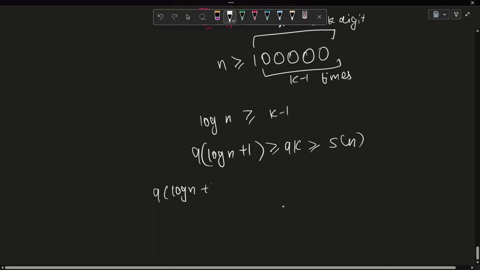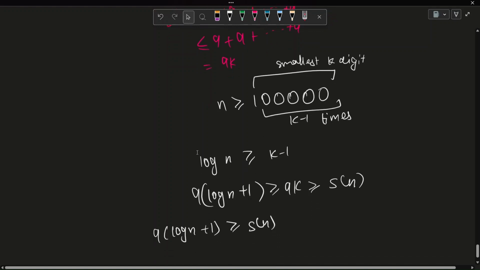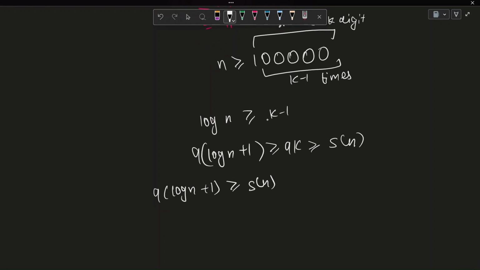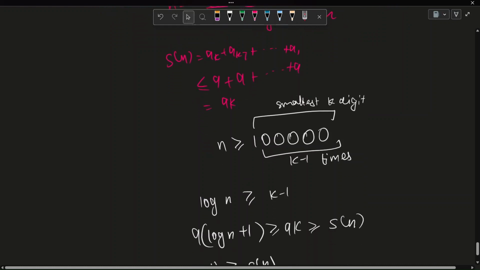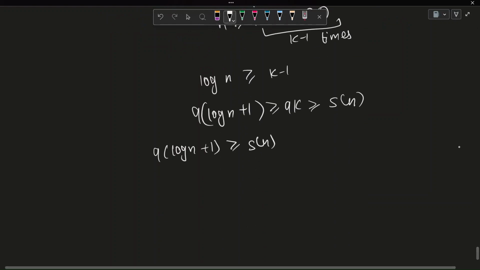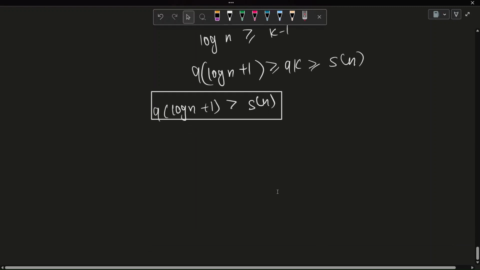Notice that for the first inequality to hold as equality, we need n to be exactly equal to 1 followed by k minus 1 zeros. And for the second inequality to become an equality, we need n to be 99999 or something like that. So basically the equality never holds. So this is the result we get: s of n is less than 9 times log of n plus 1.